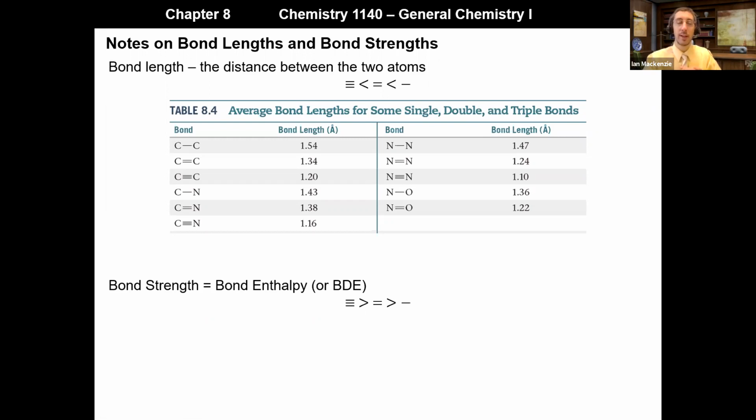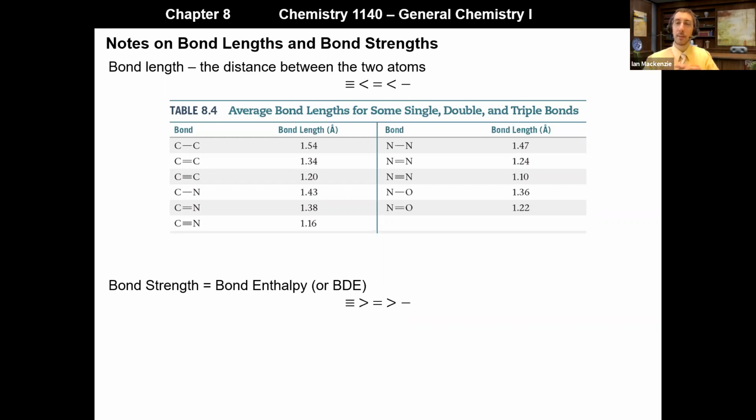And what we'll see as the trend here is that triple bonds, while they may be the shortest bonds, are the strongest bonds, followed by double and then single bonds, in terms of breaking all three bonds or all two bonds between the two elements, or perhaps said a different way, in terms of the energy required to break both elements completely apart from each other.